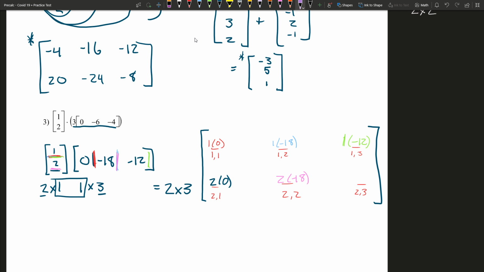And then second row, third column. So then your actual answer would be this.